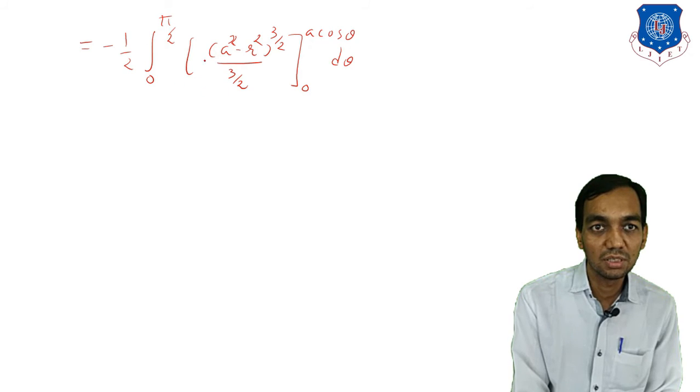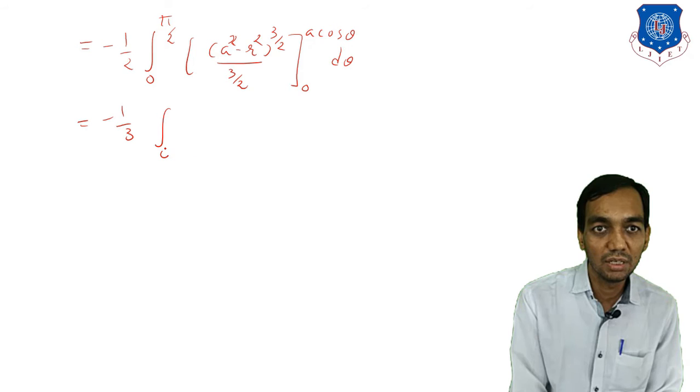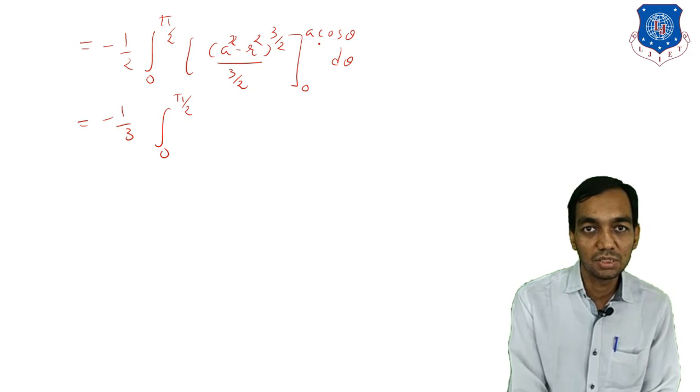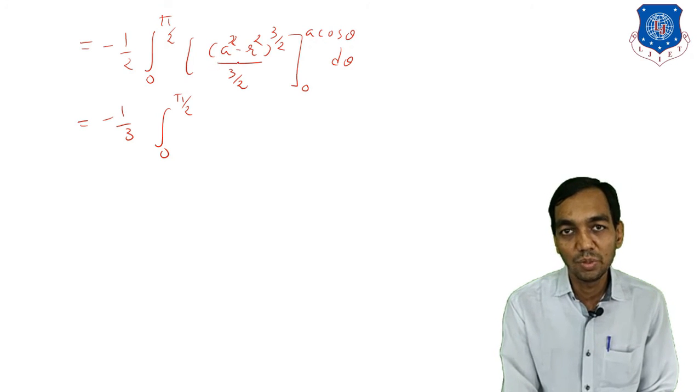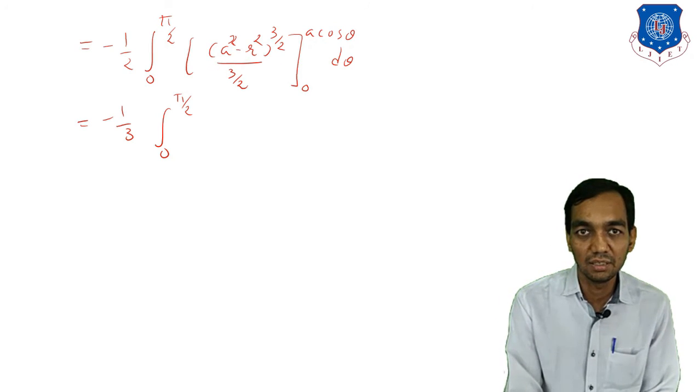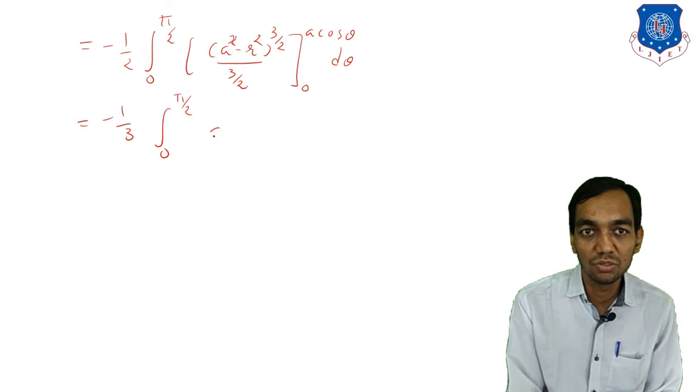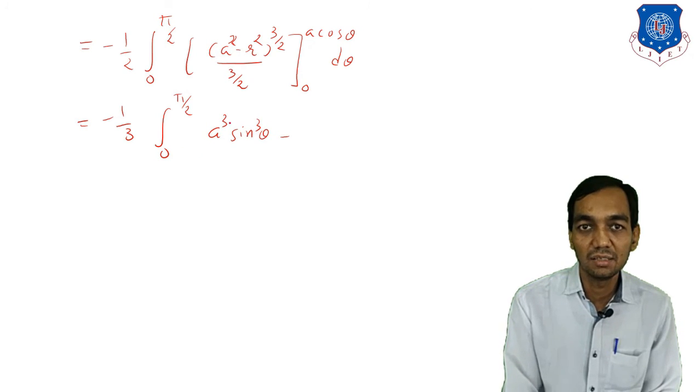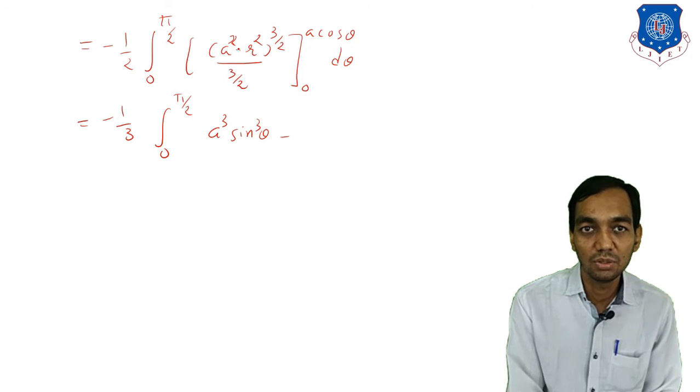Now 3 by 2 is a constant, take it common, and you will have -1 by 3 into the integration 0 to pi by 2. Now a square minus a square cos square. So a square common out, and that will be a square sine square theta raised to 3 by 2. That means you have a cube sine cube theta. Minus, if you put r is equal to 0, then you will have a cube.